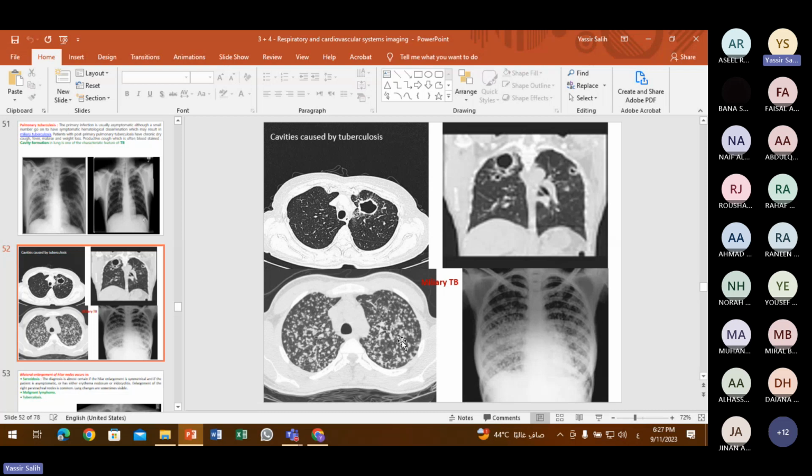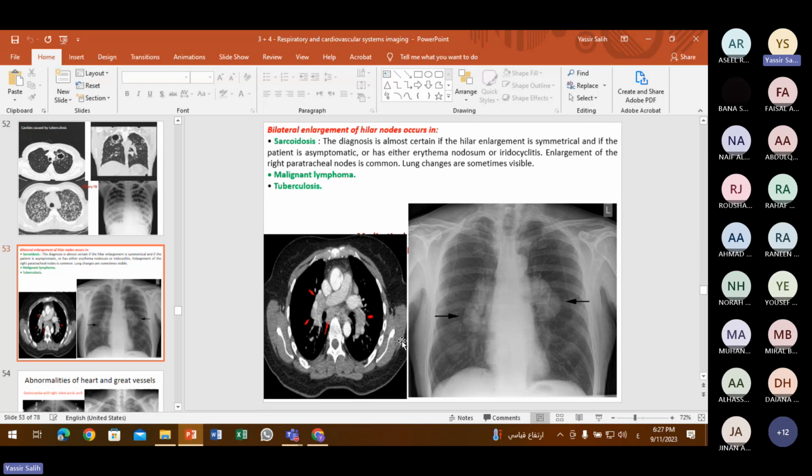So the most important thing is that this is a sign of miliary tuberculosis, characterized by multiple small nodules. Well, this is a chest X-ray and this is CT.